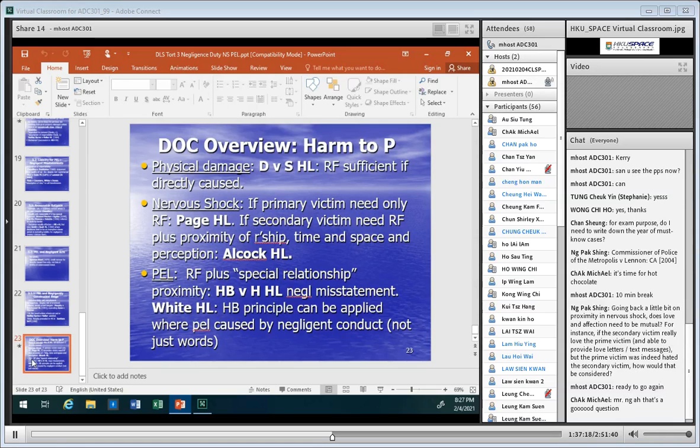However, if you're a secondary victim, okay, then you need to show not only reasonable foreseeability, but also those elements of proximity laid down in Alcock. You've got to show proximity of relationship, Alcock itself, you could cite, proximity of time and space, McLoughlin and O'Brian, contrast Chung and Lamb, okay, and perception, and again, Alcock you can cite, okay.